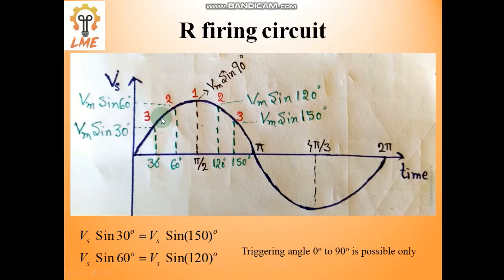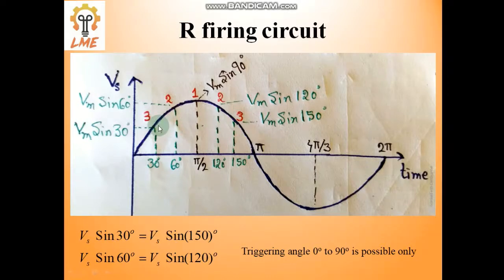That is why we can trigger only up to 90 degrees. If we consider this particular point, suppose it is 45 degrees, that should be the same as Vm sin 135.